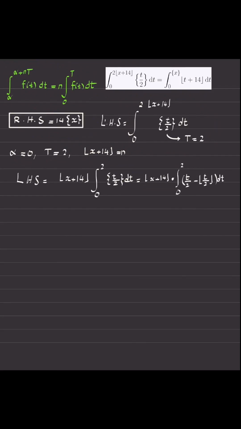But if t is between 0 and 2, t over 2 will be between 0 and 1, so this floor becomes 0, and I am left only with this part. A primitive function for t over 2 is t squared divided by 4. I have to run it from 0 to 2, and then it becomes just 1. So it becomes just the floor of x plus 14, which means that the left hand side is nothing except the floor of x plus 14.